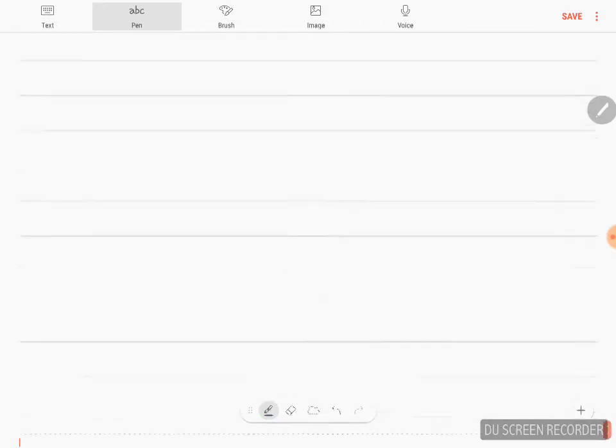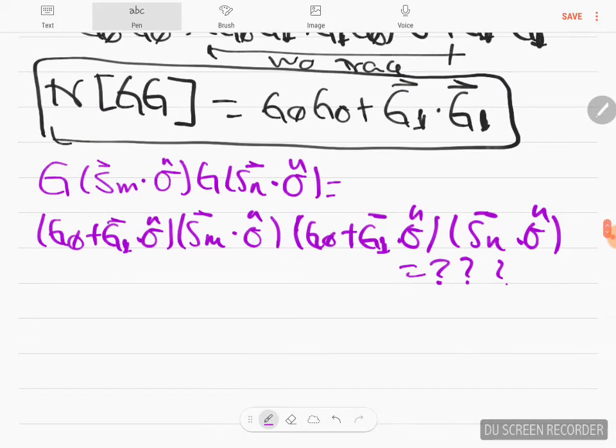When we calculate the trace of this, we will come up with something, if we sum over m and n, but we don't have the summation notation here.